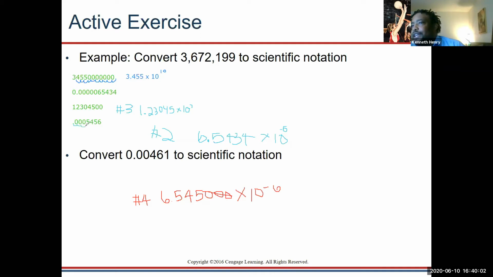So it's going to be, cross this out, 5.456 times 10 to the minus 4. Negative, minus 4.